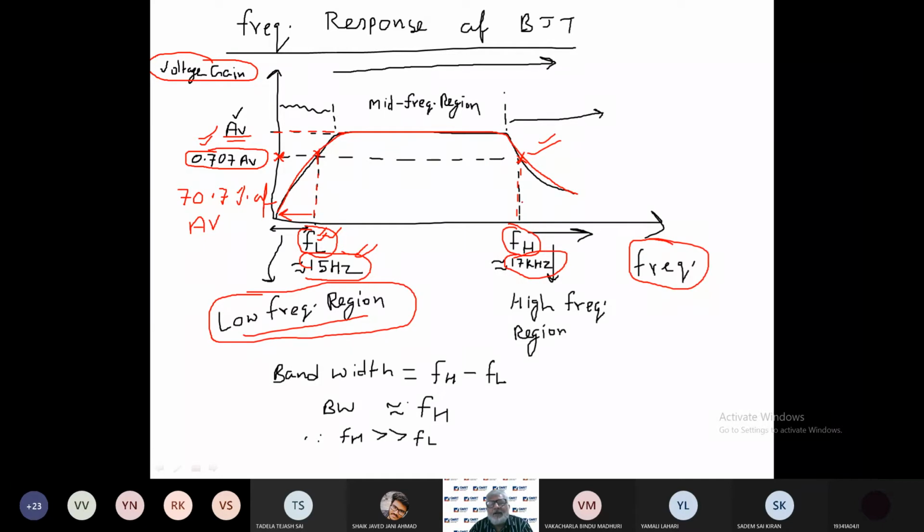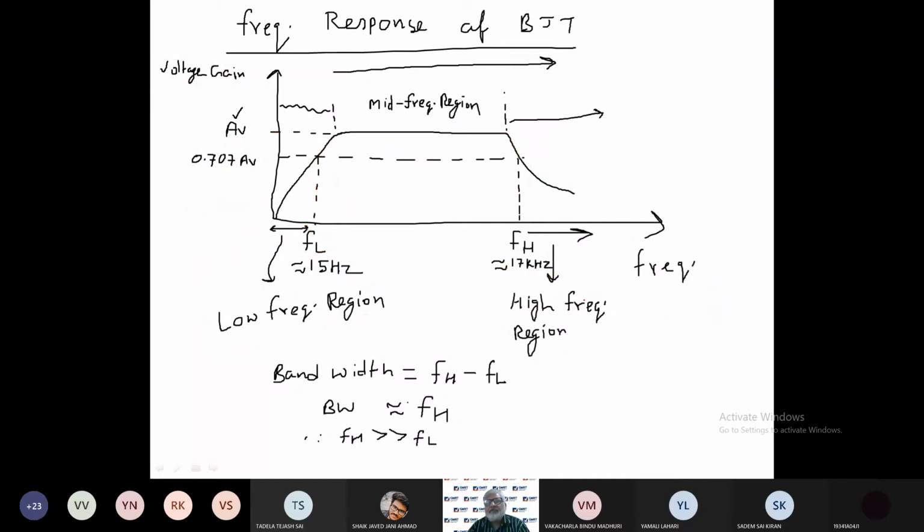And the curve which is at the right hand side of this FH is high frequency region curve. And here in between this FL and FH, this is the mid frequency region curve.